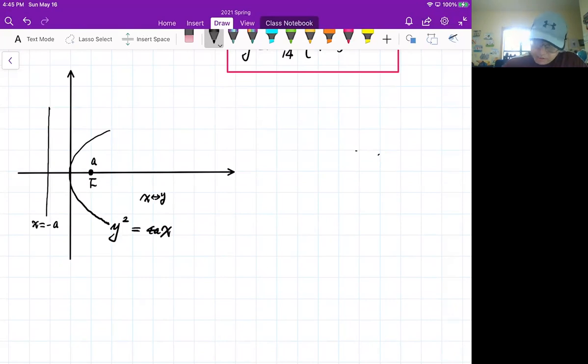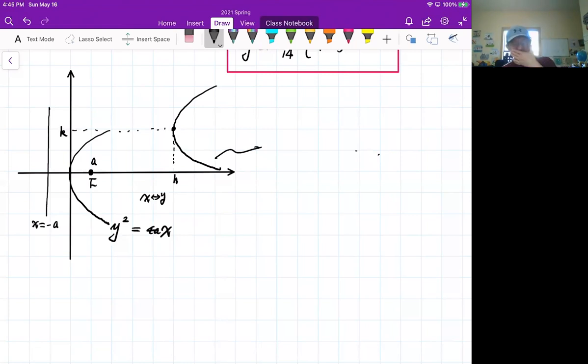Similarly, suppose I have h and k, so this is h and this is k, and you have the parabola opening horizontally, either to the left or to the right. Now, how can you write down the equation? Okay, give everyone 10 seconds.